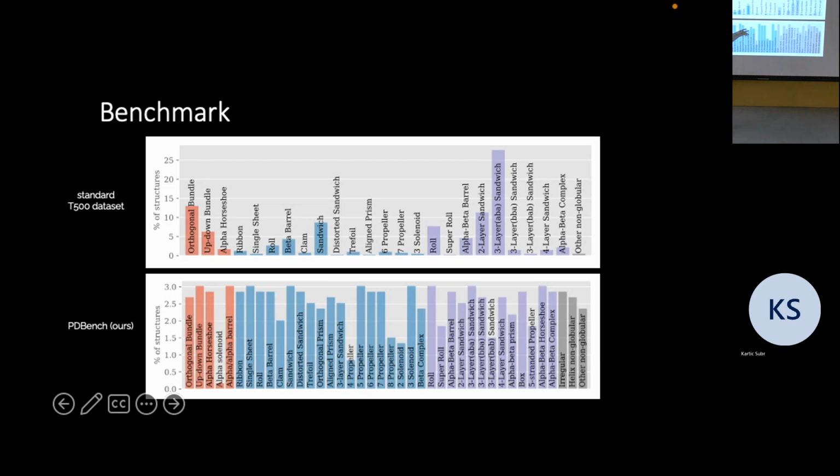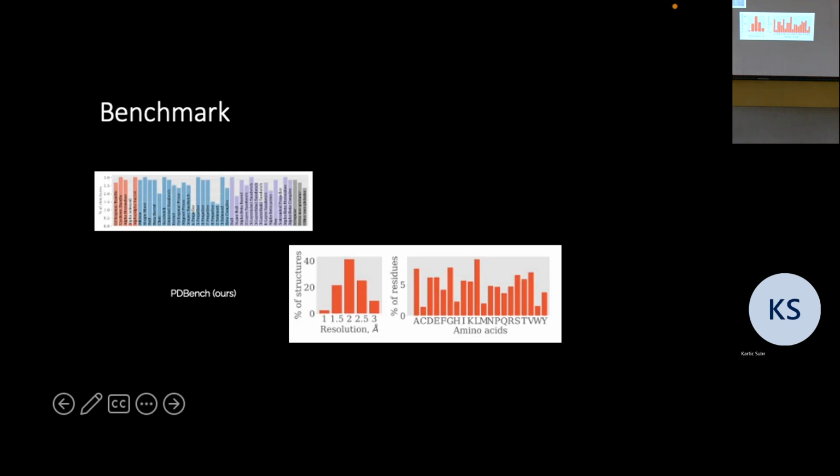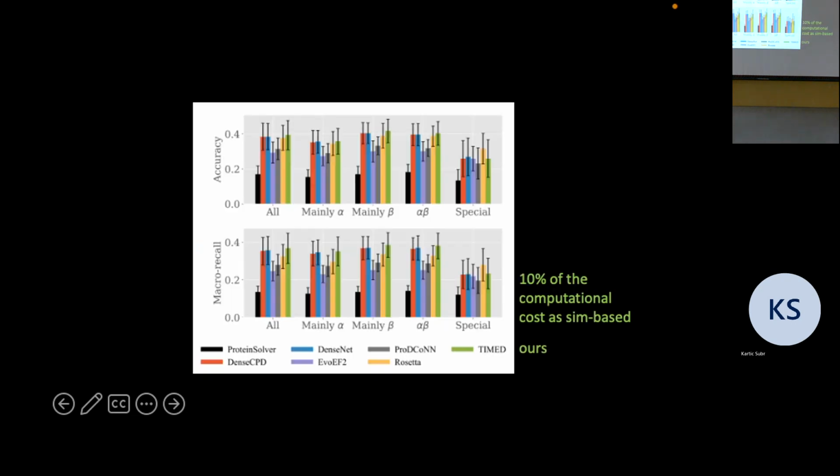So your machine learning algorithm would just get away with predicting anything as a 3-layered sandwich, and you're fine, because I've seen so many 3-layered sandwiches that it's likely to be that. So we showed that if you want to use these kinds of database, data-driven methods, you need to normalize across all of this. Of course, that's well known in the machine learning community, but it wasn't in practice in the protein design community. So this is our paper, which does pretty well.